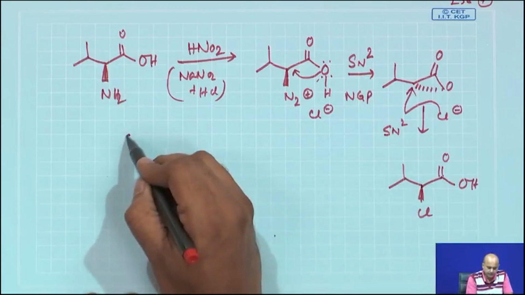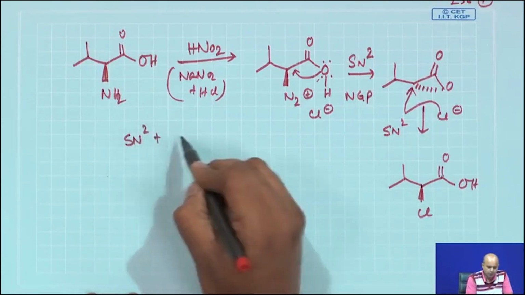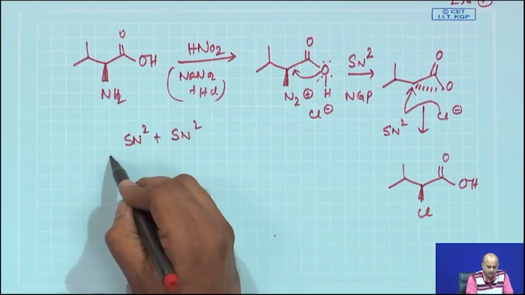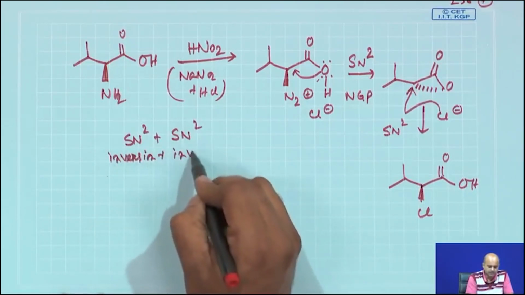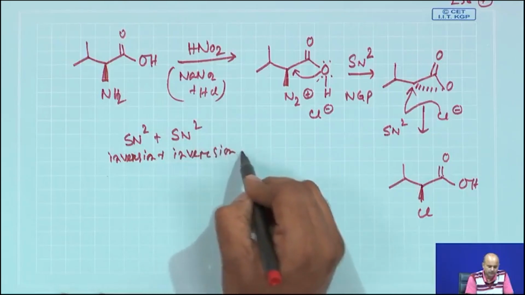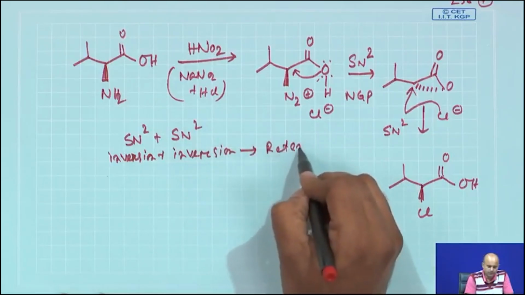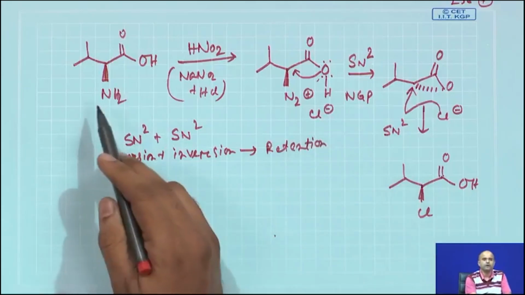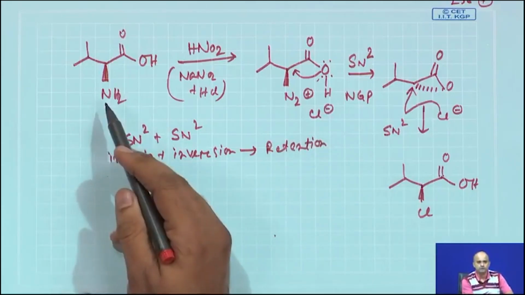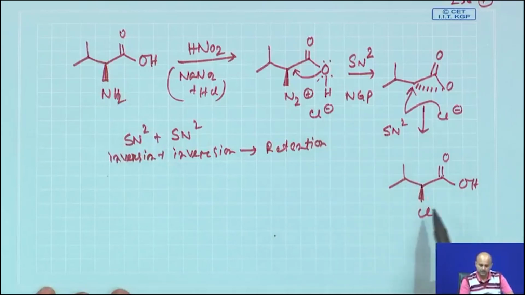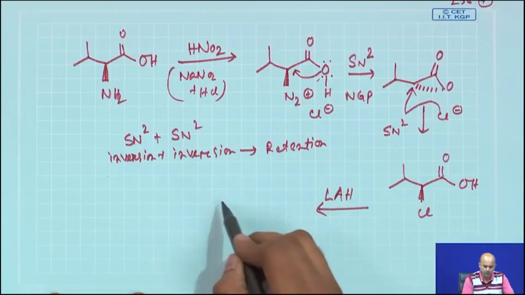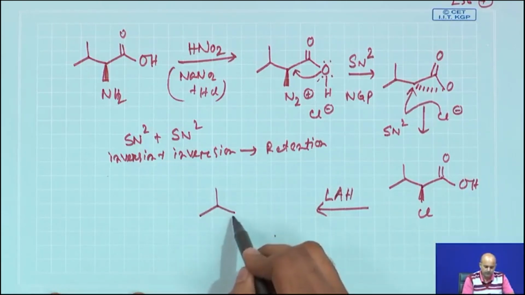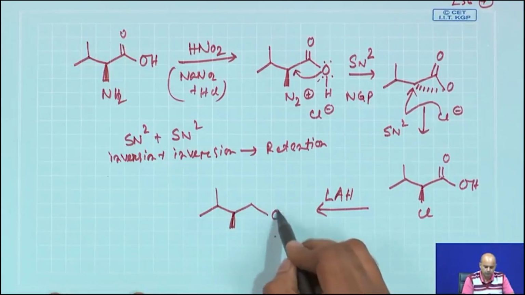So, the retention is caused by 2 SN2 steps, that is, 2 inversions together, inversion plus inversion gives you retention, and this is a very common phenomenon for alpha amino acids. If you do a diazotization and then treat with a nucleophile, you end up with retention of configuration. Now, if you reduce this carboxylic acid with lithium aluminum hydride, you will get this CH2OH.